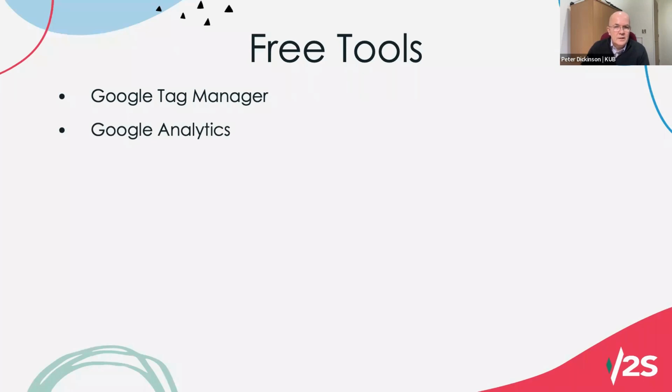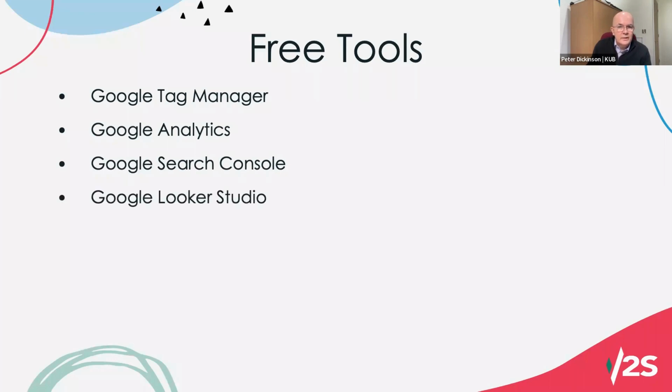Google Analytics is where all the data of what's happening on your site is, and we're going to go into that in a little bit more detail. Then there's Search Console. These are all free tools from Google. They're all pretty good. They do change quite a bit. Looker Studio, Google Analytics GA4, the new one, is a little bit harder to interpret.